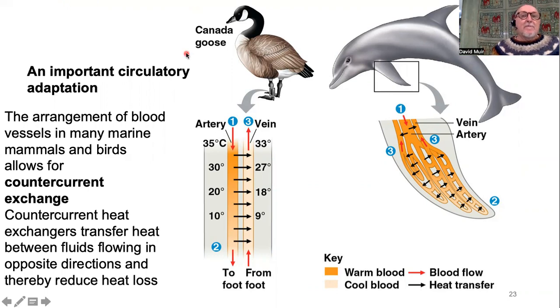I'm going to talk specifically about animals which are in cold environments, which have, for example, extremities which need to be in that cold environment. So we can think, for example, of birds like geese, penguins, these kinds of animals, where the rest of the body here is insulated and has a high core temperature. But they have these extremities which are in very, very cold environments.